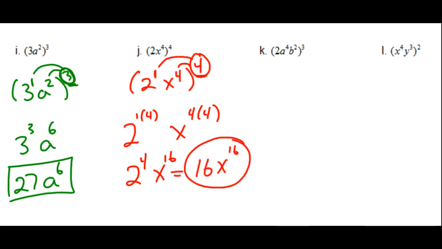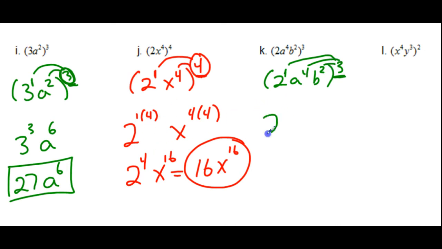All right? So these questions just get harder and harder. This, I'm going to write it a little bit bigger. Again, 2a to the 4th, b to the 2nd, all raised to the 3rd. And again, outside, right? Multiply to every exponent inside. This exponent is a 1. So multiply, multiply, multiply. So I'm not going to write it like this over here.